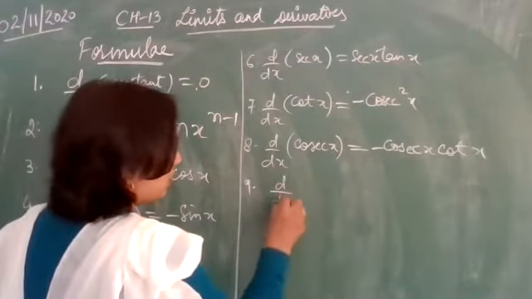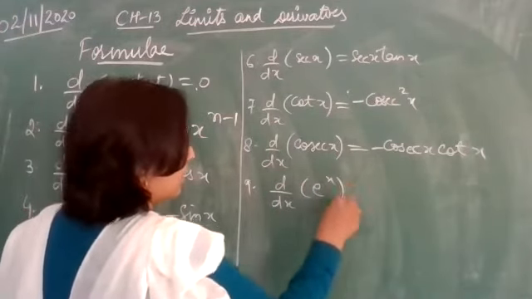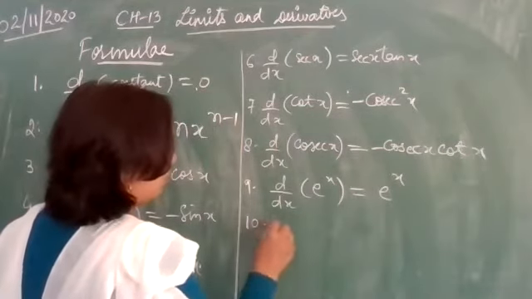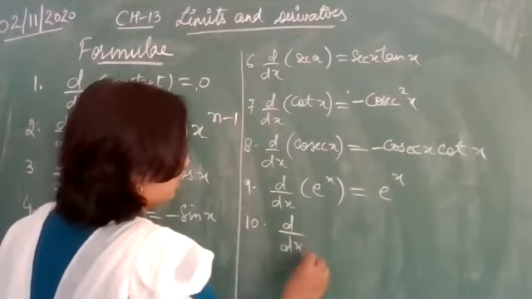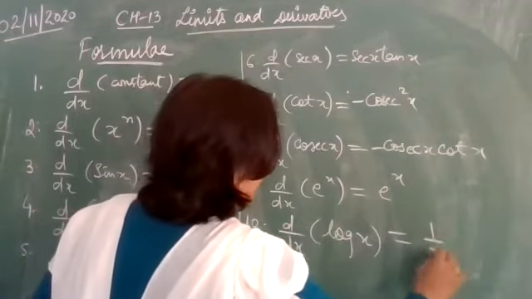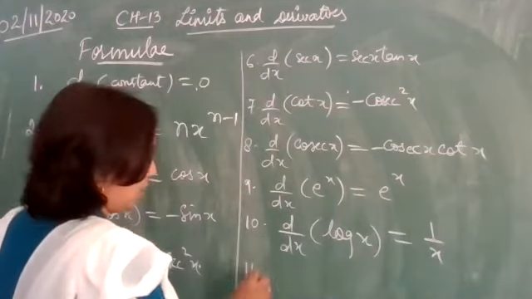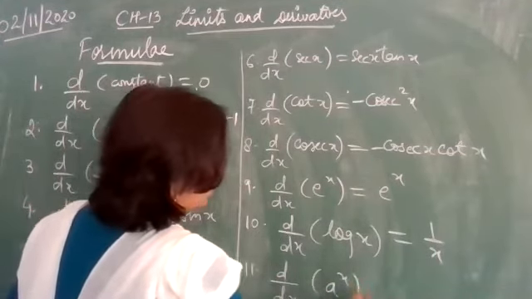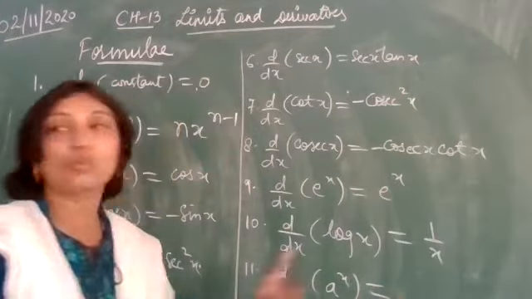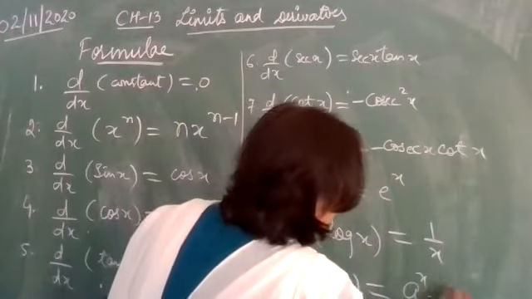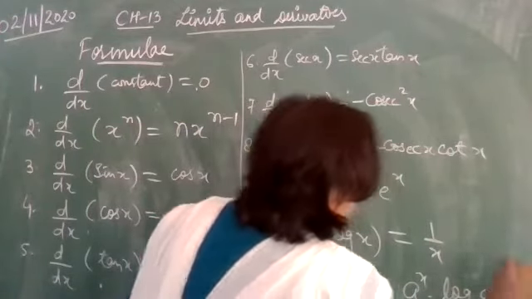Derivative of e raised to the power x is e raised to the power x itself. Derivative of log x is 1 upon x. And derivative of a raised to the power x, that is a constant raised to a variable power, is a raised to the power x log a.